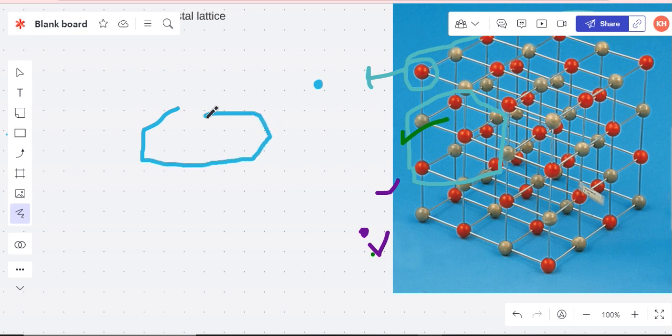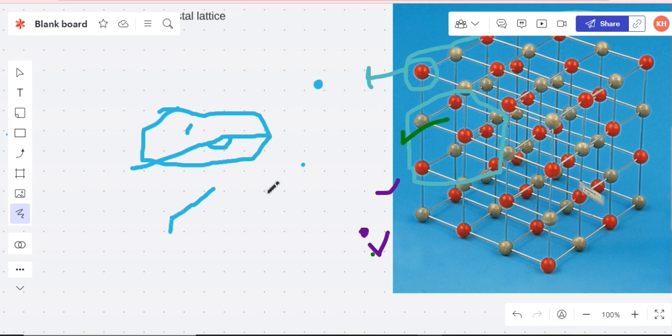Maybe it's not perfect, but here we can encounter an angle of 60 degrees, something like this. Here we can see the angle of 60 degrees. It's not perfect, so it's difficult for you to understand it.